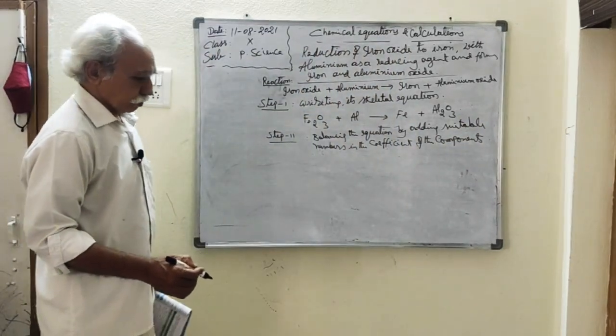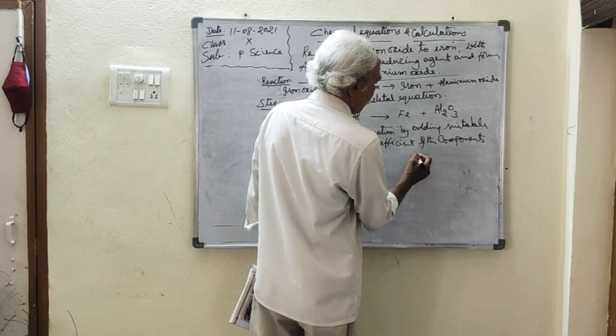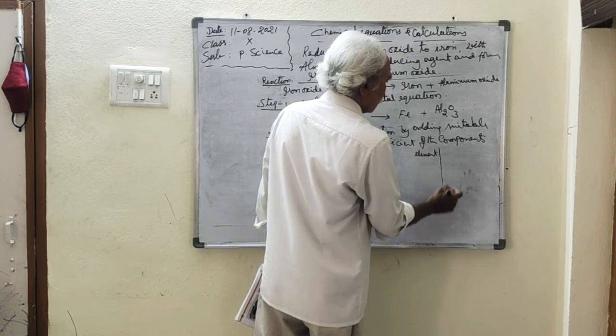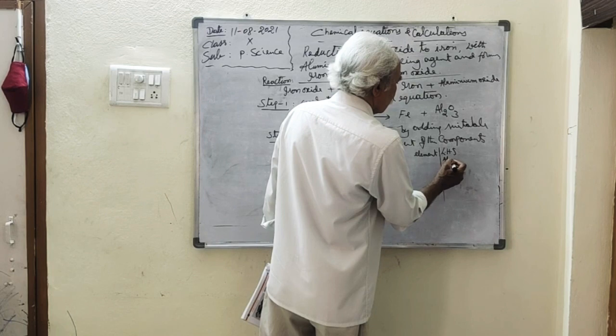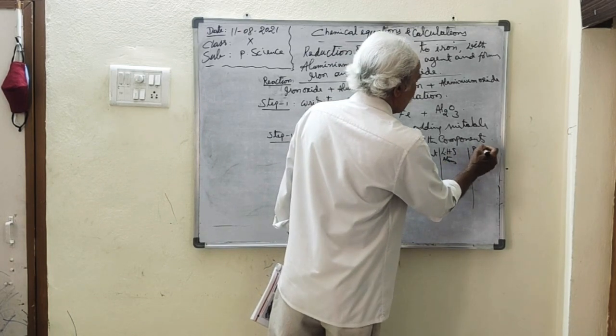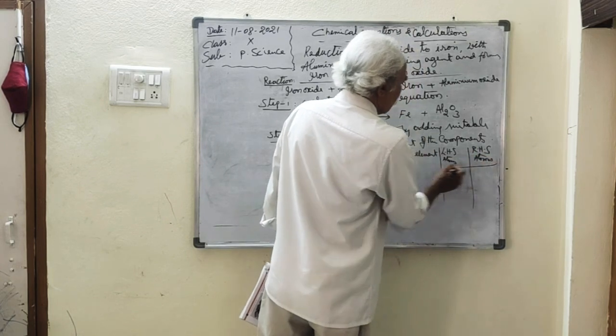So for that I gave already this method, making the table. Just you make the table: element, left hand side atoms in the equation, right hand side atoms in the equation.